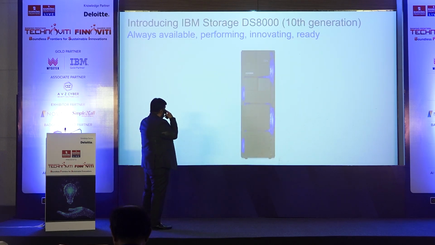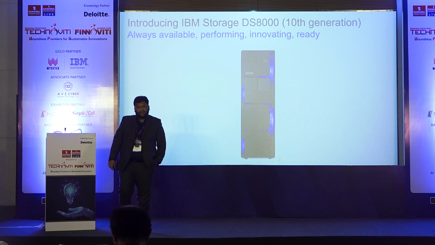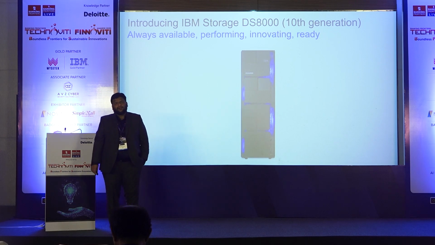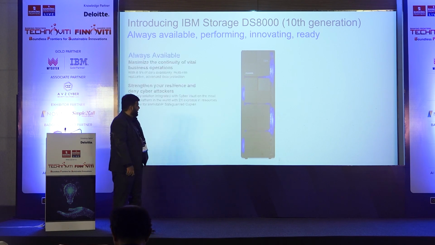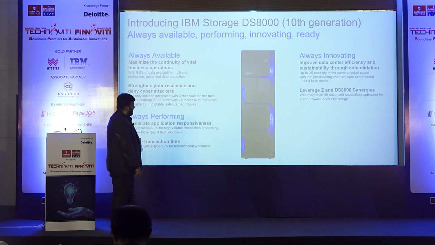Finally, for our core banking platform, there are multiple customers here who have either had DS8K or they are potentially in running for a core banking platform refresh. So DS8K is our primary offering. This is the 10th generation of DS8K. This is the newest offering that we have.